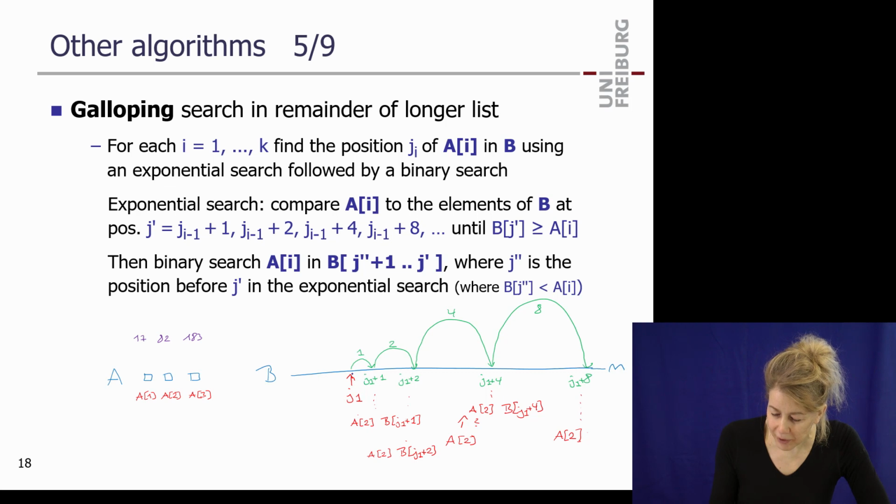So here it's element 17, and now we're seeing maybe 21, 35, 49, and here we are seeing 115 in B, right? So at some point my element in A, my 82, is larger. It's larger here, larger here, larger here, and at some point it will actually be smaller.